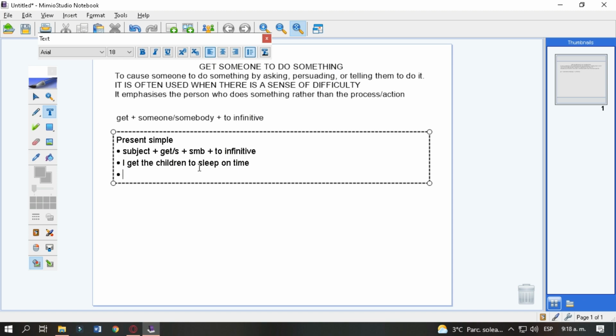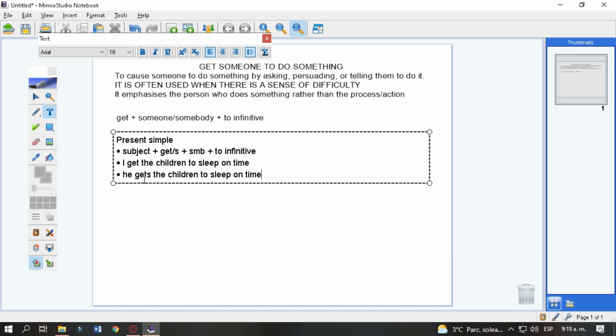If we have a third person, we can say he gets. In this case get is the main verb, so it has all the variation of tense because it is a simple sentence. Then we have the children, the ones that we have to convince to go to bed on time, and then to sleep on time.